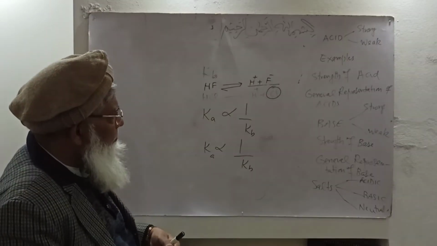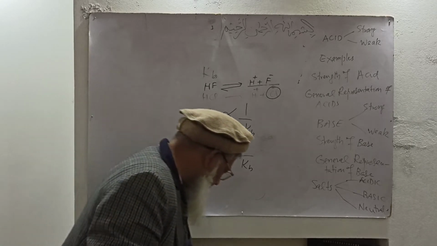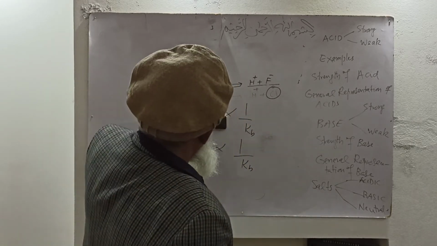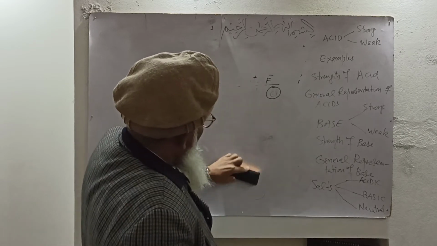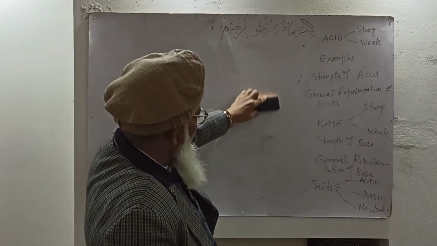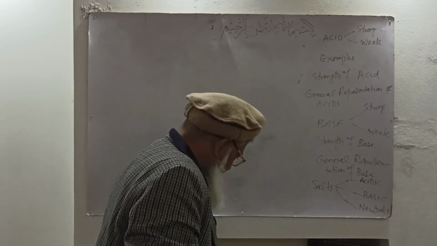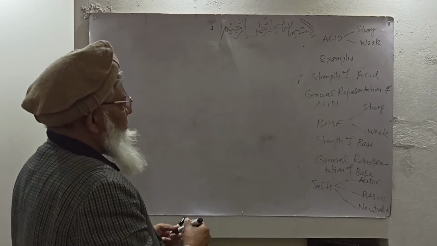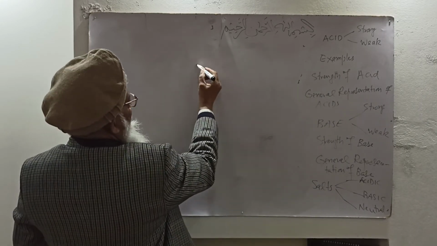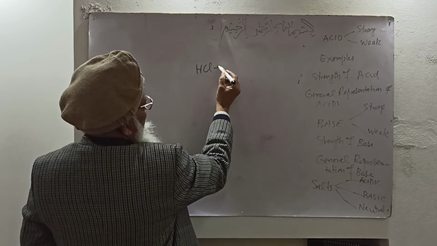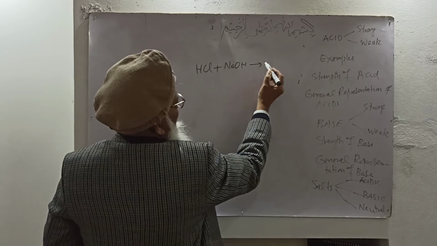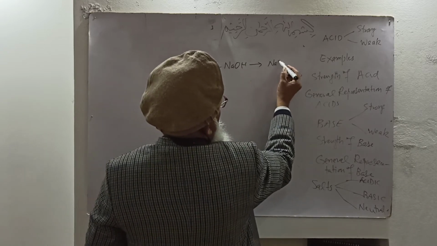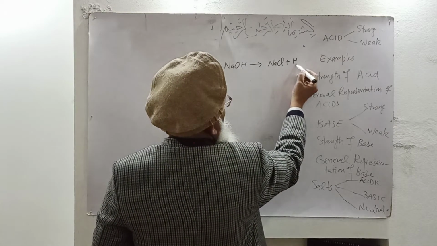Now we come to salts. When an acid and a base react, a salt is formed in addition to water. For example, HCl and sodium hydroxide are converted into sodium chloride plus water.